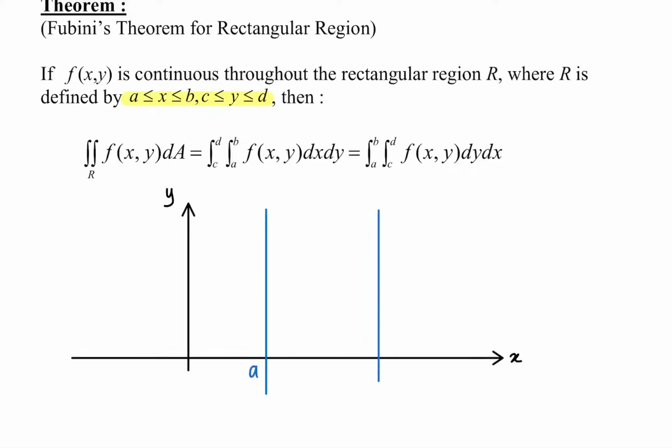And y is between c and d. So where is our rectangular region R? The region R would be bounded by these lines, and our area would be this.